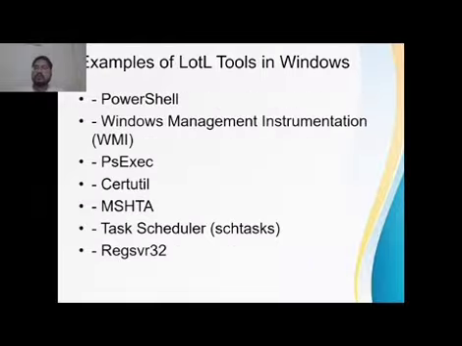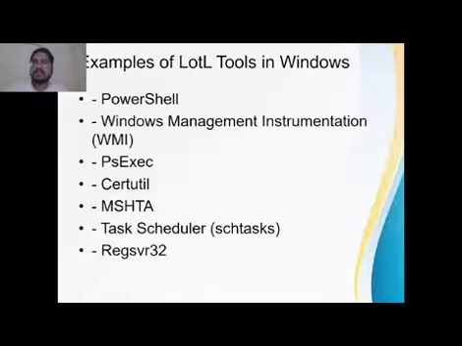So we move to our next slide. That is an example of LotL tools in Windows. Let's break down the weapons in LotL attacks. First, PowerShell for execution. Second, WMI, meaning Windows Management Instrumentation, for remote command execution.